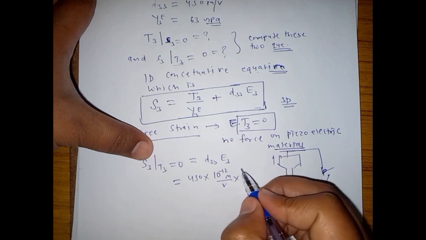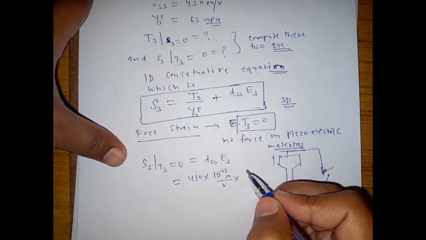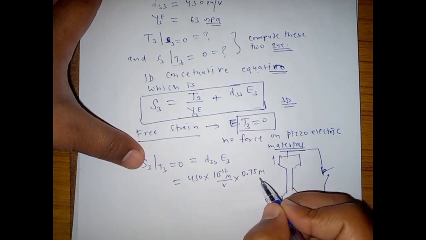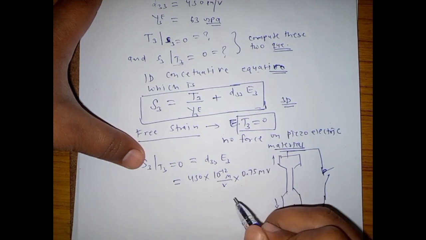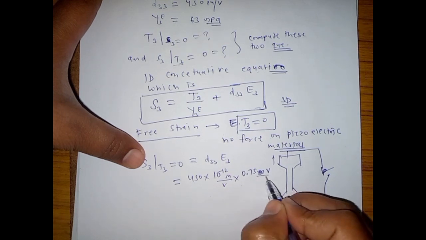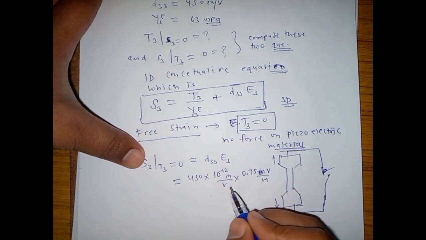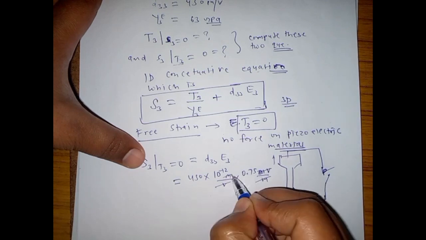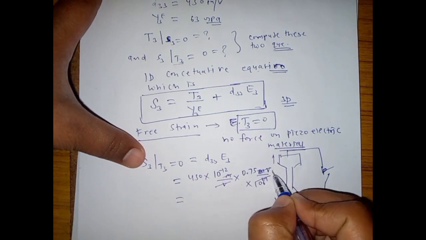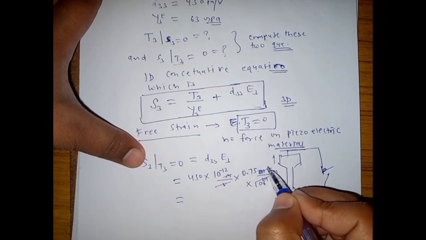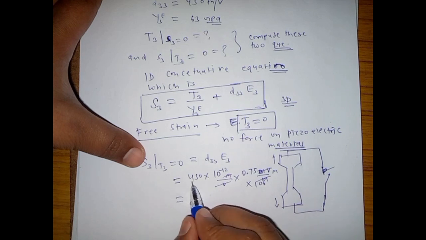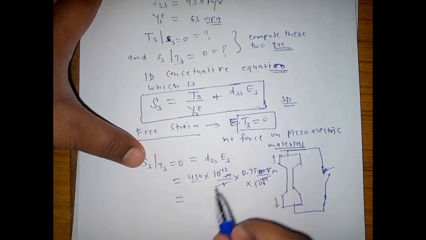The electric field is given, which is 0.75 megavolt per meter, so the volt per meter cancels, and it's 10 to the power 6 because it's megavolt. Picometer is 10 to the power minus 12.